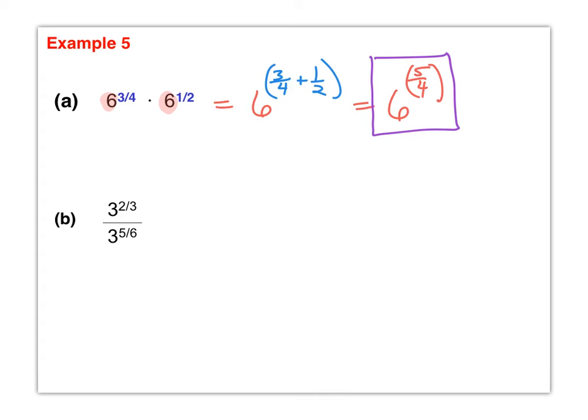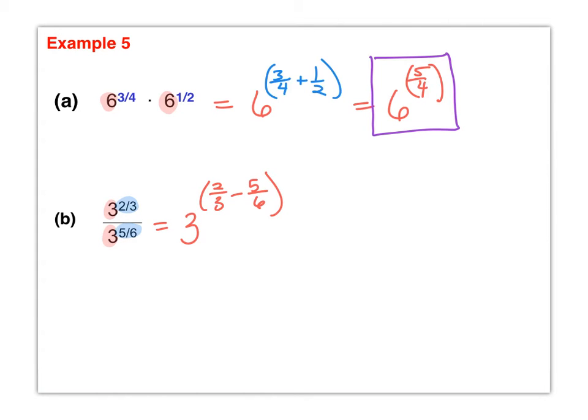For example, part B, 3 raised to the 2/3 power divided by 3 raised to the 5/6 power. Since those bases are the same, we are going to use the quotient rule and subtract the exponents. So that's going to be equal to 3 raised to the 2/3 minus 5/6 power.